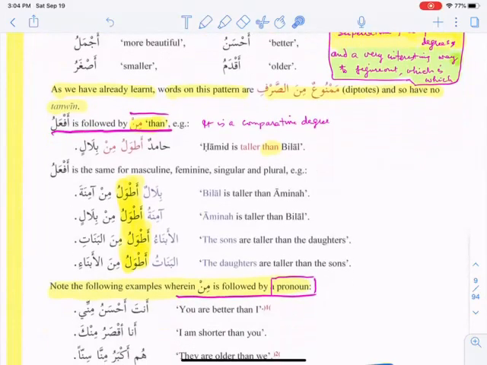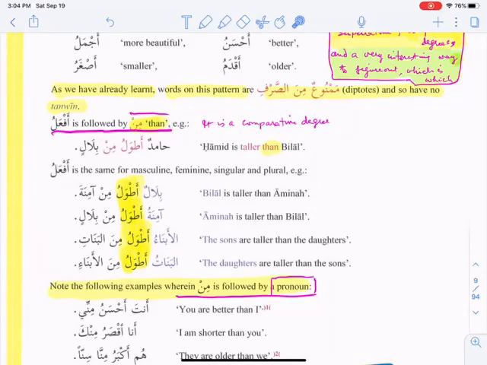Now, note the following example where min is followed by a pronoun. Yes, min can be, we saw here, min bilalin. Now we can also change bilalin into a pronoun, and all those pronouns that we have learned, and we have added harf jar, so we are pretty good at it.